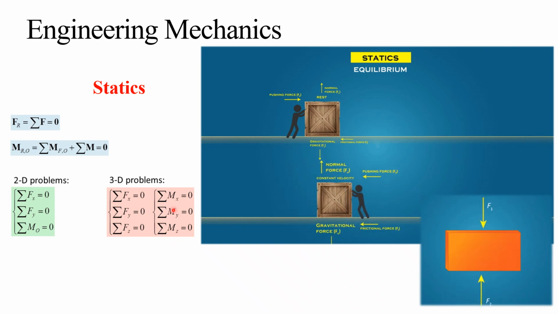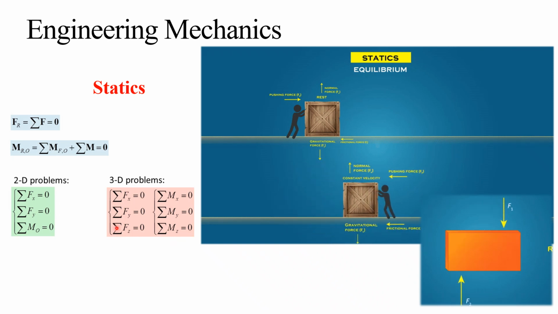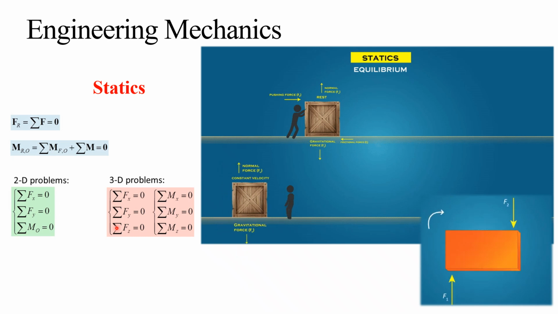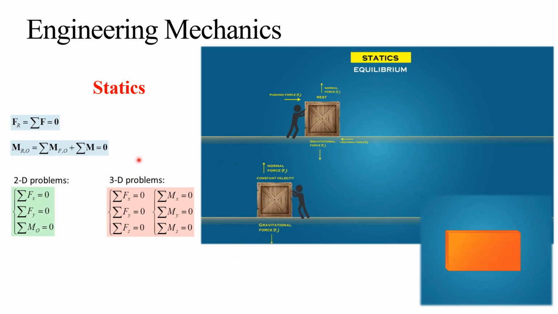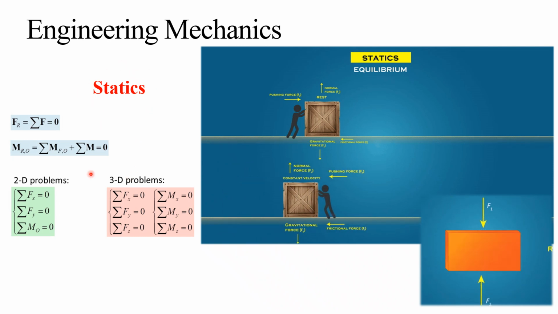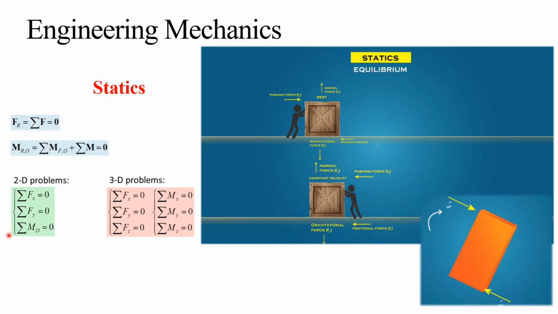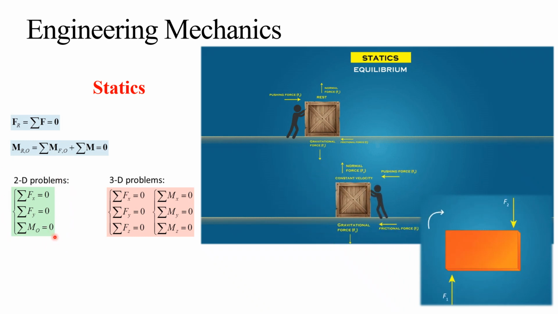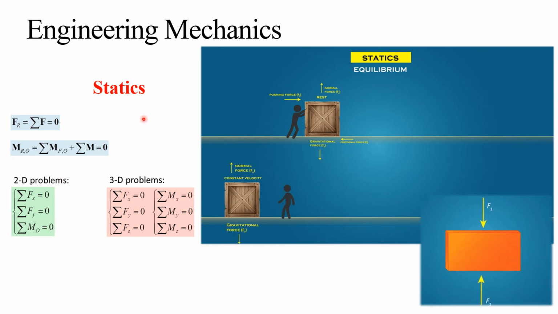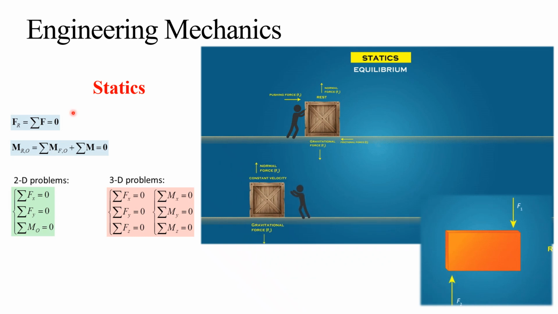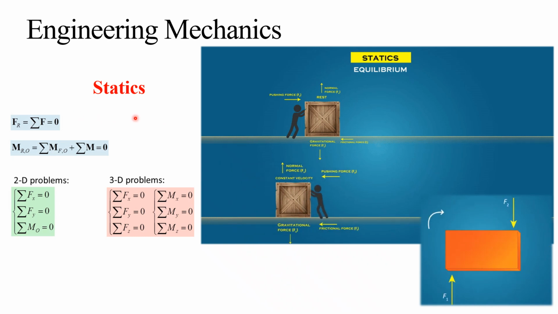If these conditions are achieved for 3D problems, you would say the body is in complete equilibrium, and we will deal with them in the statics part. Similarly for 2D problems, if these are achieved, we would say the body is in complete equilibrium, and we will deal with it as a static problem.